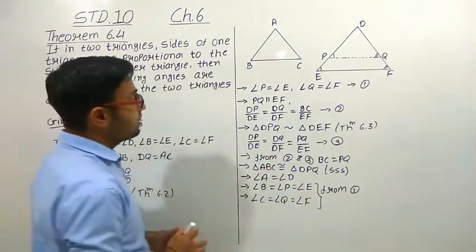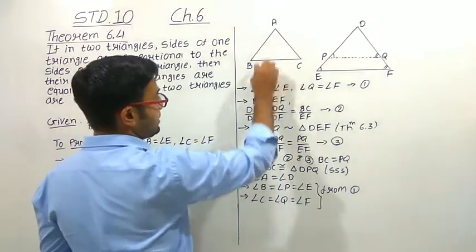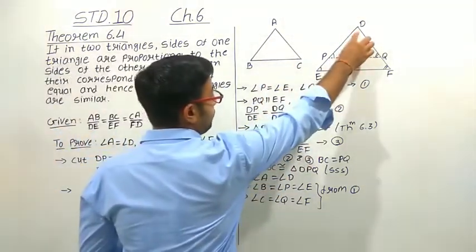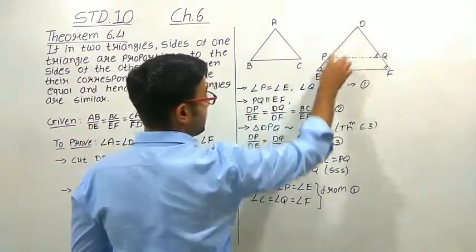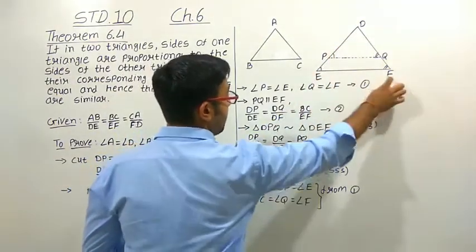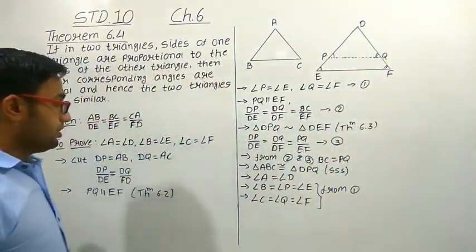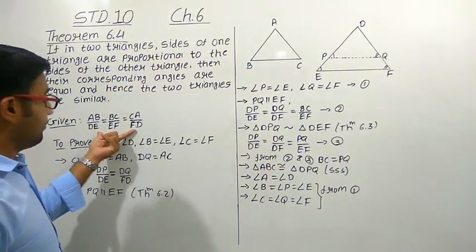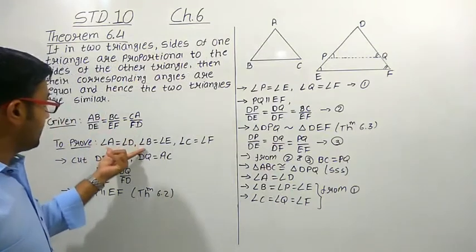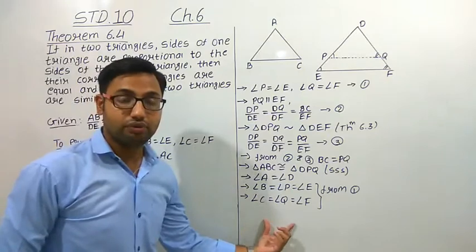That means all the three angles of this triangle ABC will become equal to the angles of this triangle DEF. So for both these conditions, the sides we have given in proportion, and we proved that the angles are also equal, right?